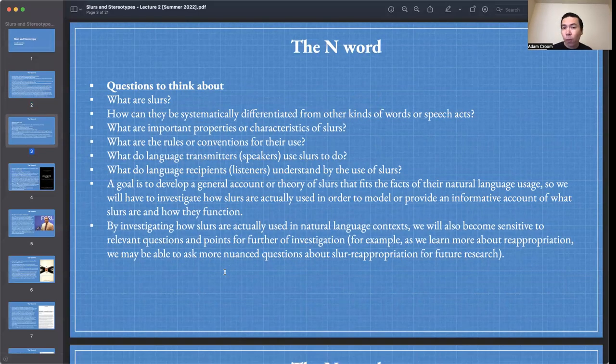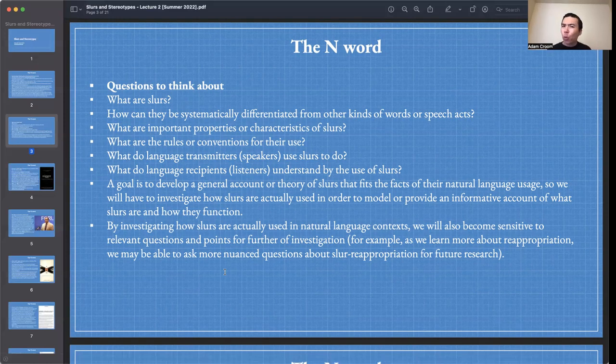How do slurs, for example, like the N word, differ from purely descriptive words like car or American, which are neutral and descriptive? How are slurs also different from highly expressive words like ouch, yikes? We want to try to come up with some properties that slurs have that descriptive and expressive words don't have.